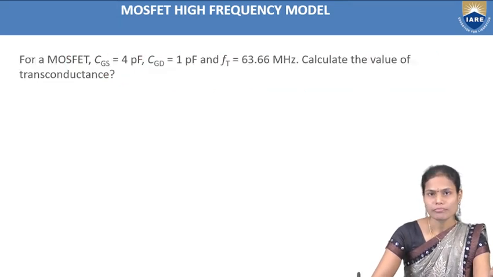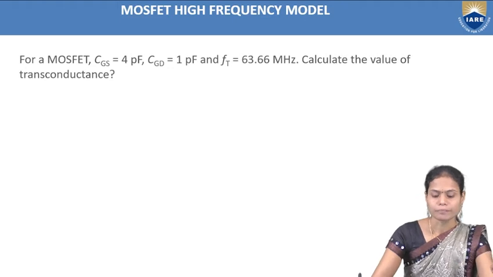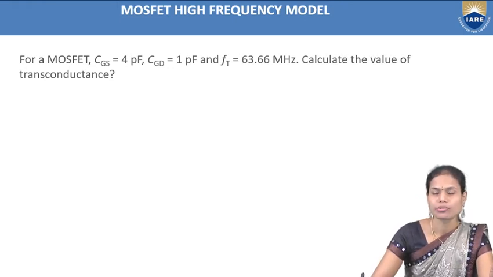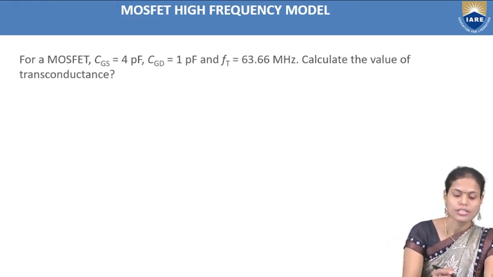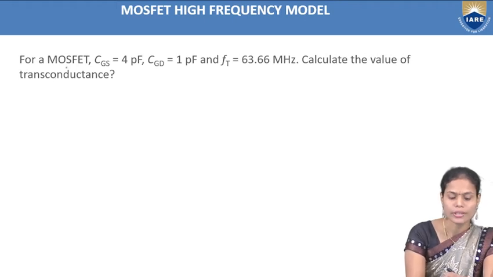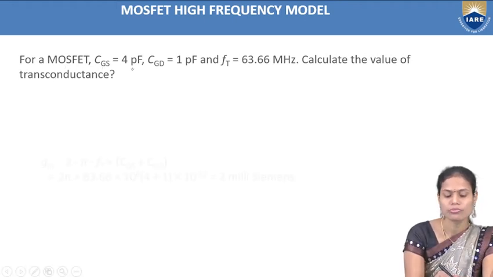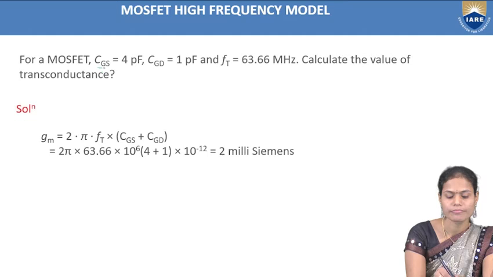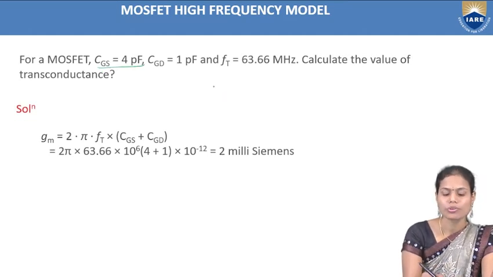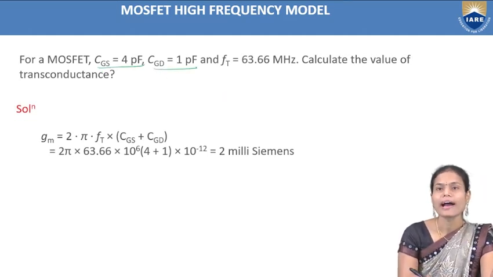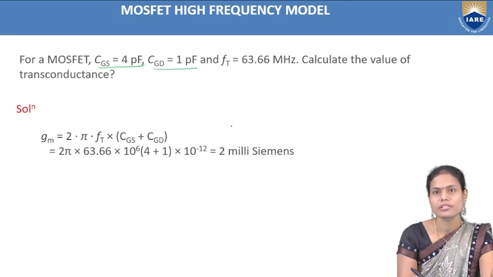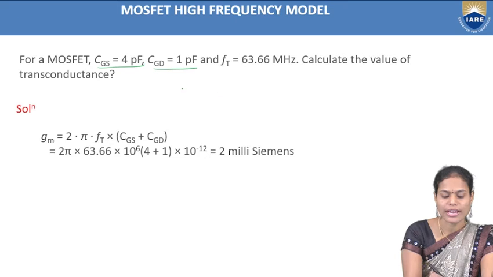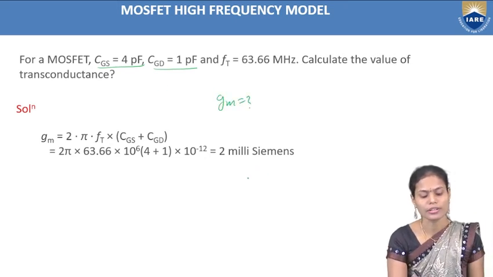And we will see one problem related to this high frequency model. The given problem is, for a MOSFET, CGS is equal to 4 picofarads and CGD equal to 1 picofarad, and the transition frequency is 63.66 megahertz. Calculate the value of transconductance, that is gm.